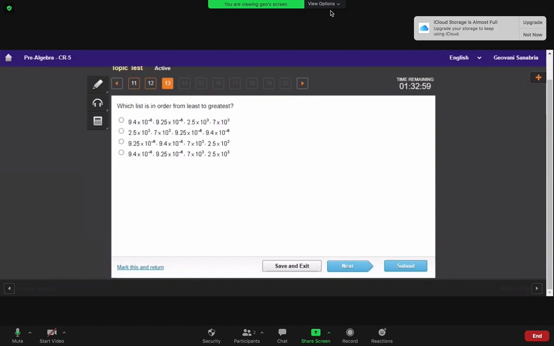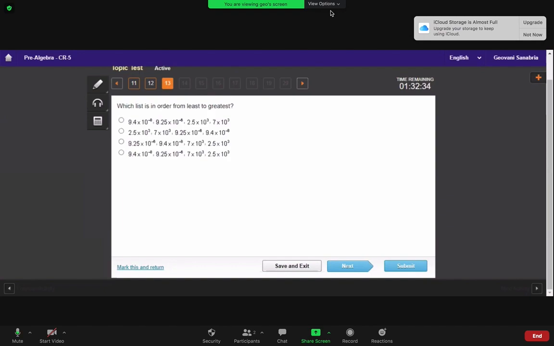No. So the first two on the last one, those are in the correct order because the -8 on that first part of that answer means move the decimal left 8 times, which means you have 0.000000 and then the 9.4. So there's like 7 zeros before you get to a number.